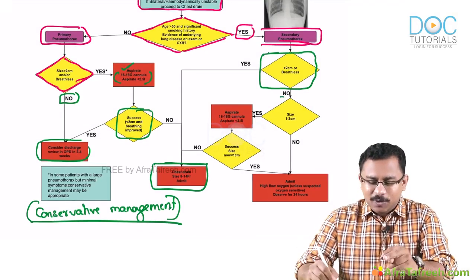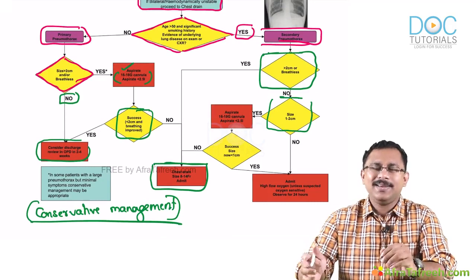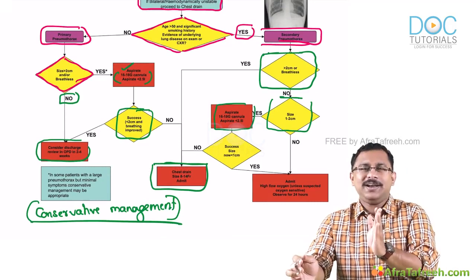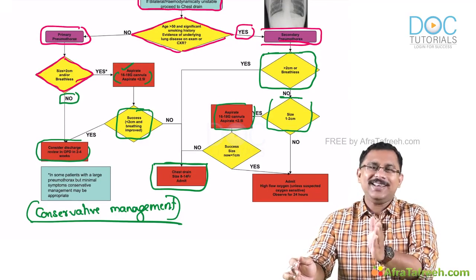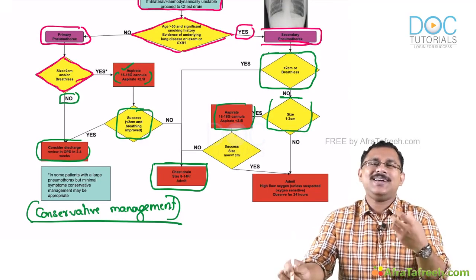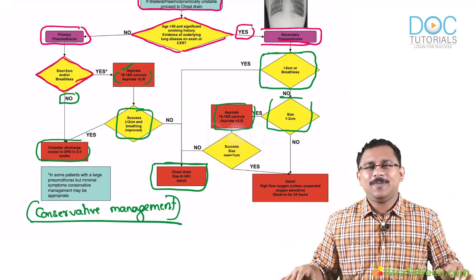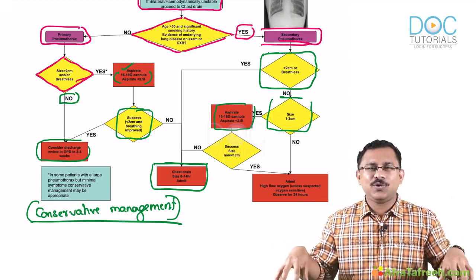But if it is a smaller sized one, if it is 1 to 2 centimeter, in that case you can try aspiration. But most often, in secondary pneumothorax, you would prefer to put an intercostal tube. That is one major difference between a primary pneumothorax and a secondary pneumothorax.